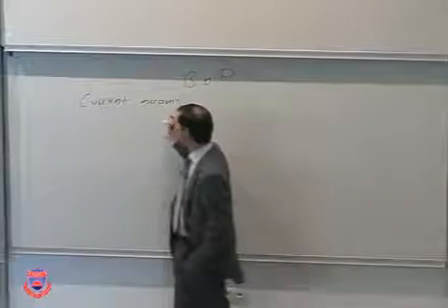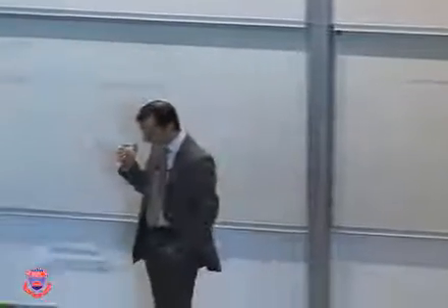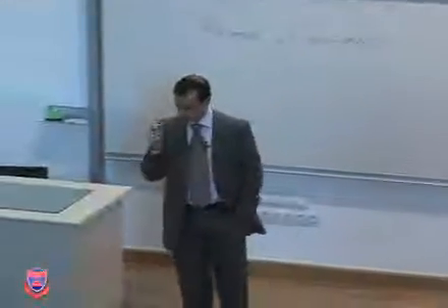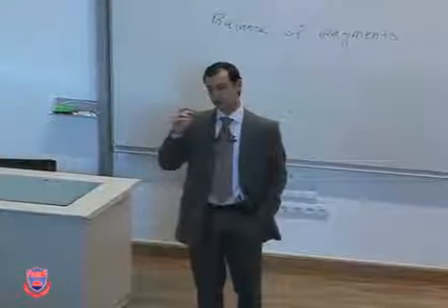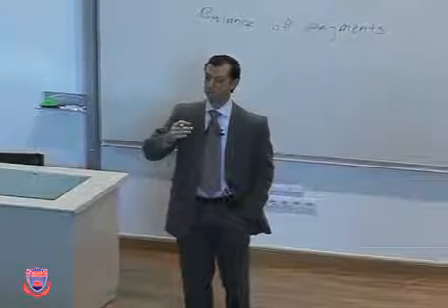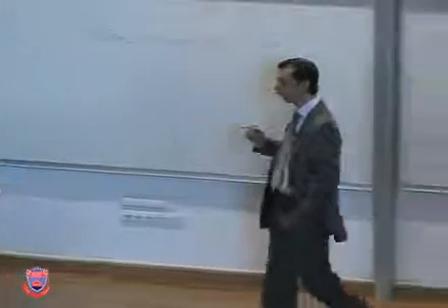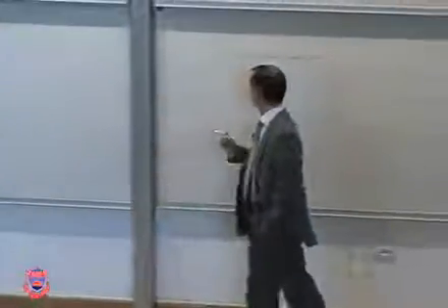Okay? The current account is where we record what we take from the rest of the world and what we give to the rest of the world. All right? Except for assets.